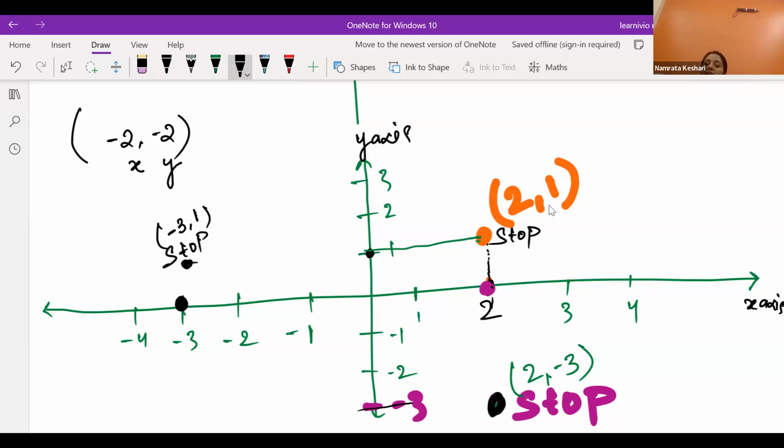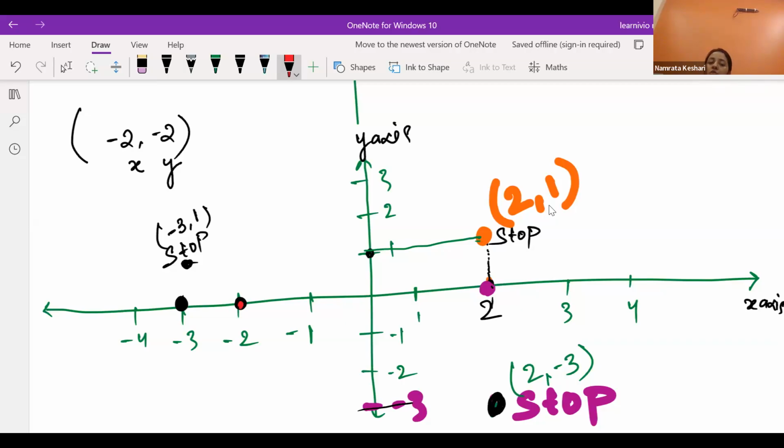You will start from x, where you have -2. Now you have two choices. Either go up or go down. But since your y is negative, you will be moving in the downward direction. Are you getting it? Yes, ma'am. Okay, so from -2, you will go in the downward direction straight.